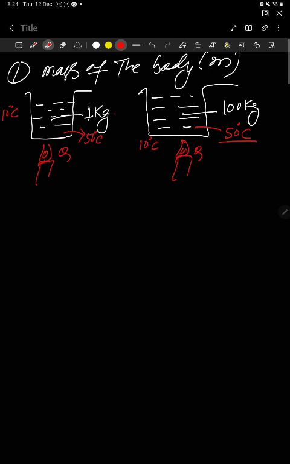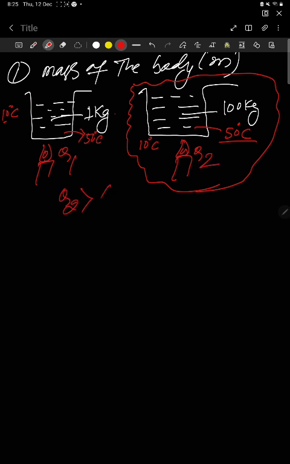So in which case do we have to supply more heat? The liquid which has more mass, because here it has 100 kg. So for increasing the same amount of temperature in this 100 kg water, we have to supply more heat. But for increasing the temperature of this 1 kg water from 10 degrees Celsius to 50 degrees Celsius, we have to supply less heat. Suppose Q1 and Q2. So in this case Q2 is greater than Q1 because M2 is greater than M1.